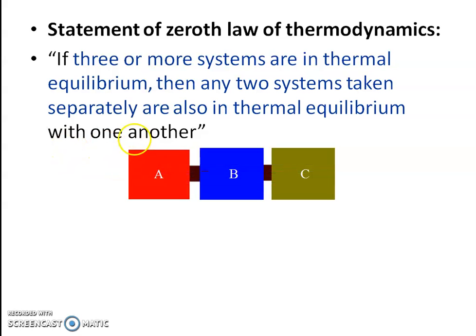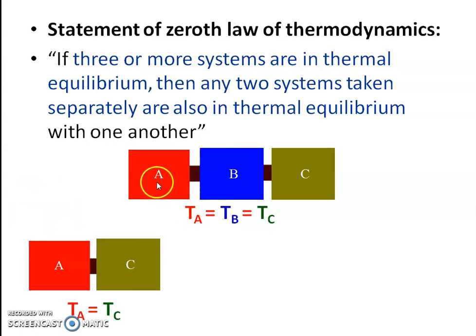Suppose there are three systems A, B and C, and these three systems are in thermal equilibrium. That is, temperature of A is equal to temperature of B, and this is equal to temperature of C. Now consider the two systems A and C. TA is equal to TB is equal to TC.